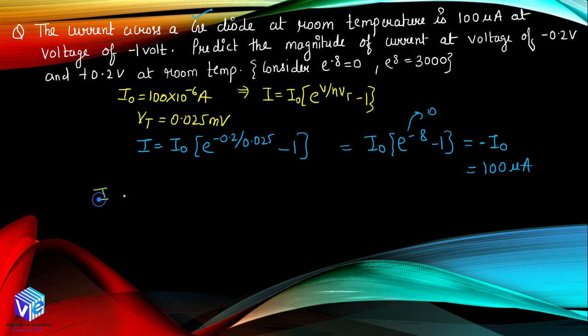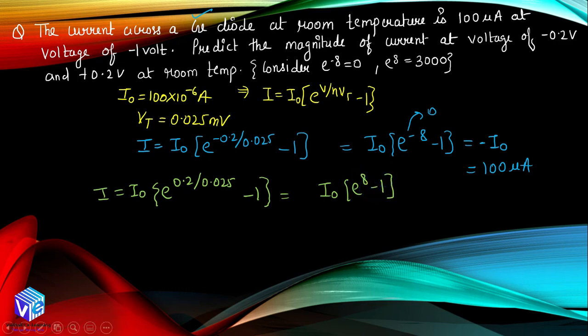Now we will talk about the second condition, where I will be equal to I naught e raised to power plus 0.2 upon 0.025 minus 1, right? I can represent it as I naught e raised to power 8 minus 1. We have considered e raised to power 8 to be equal to 3000, and now we can ignore the 1.